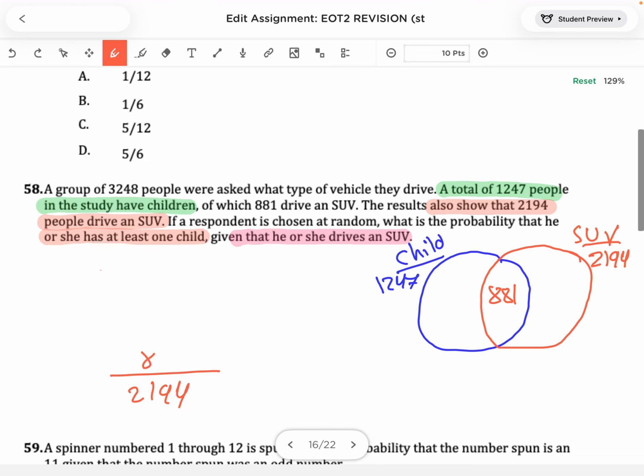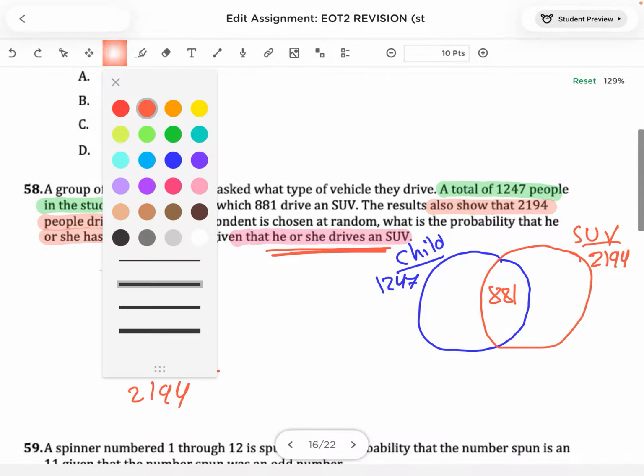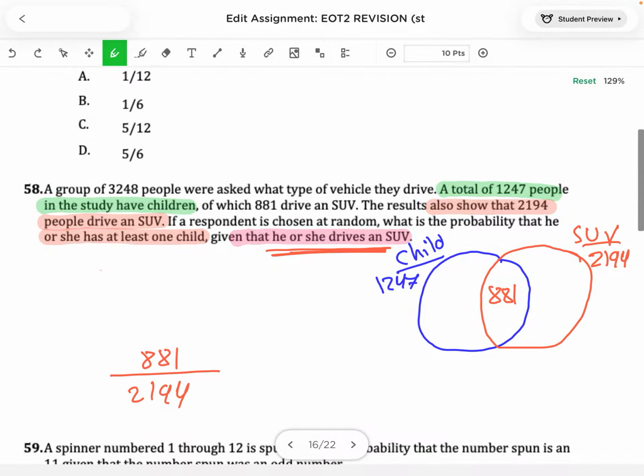So it's the intersection, which is 881. That's it. When we agree the condition is the new sample space, the condition is the people who drive an SUV, which is 2,194. From those 2,194, how many have a child? 881. This is the way of solving.